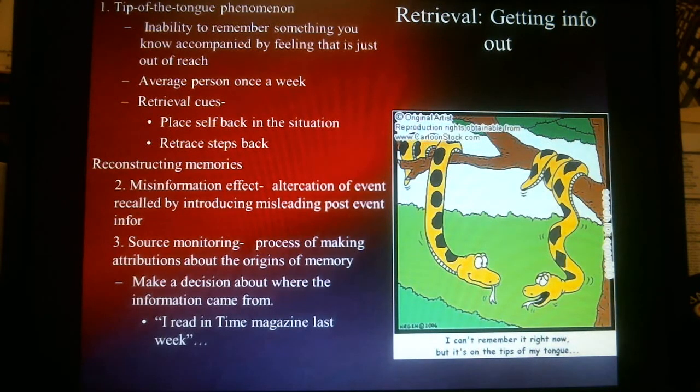So when I meet somebody for the first time, I will try to find a physical feature about them, something about their personality, something about them as a person that I can connect with somebody that I already know, and I can make that connection. Now, if their name happens to be the same as somebody else's, then I can make that connection a lot easier. That way, I can pull that information out so much easier.